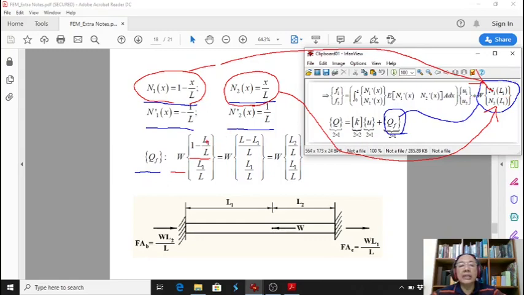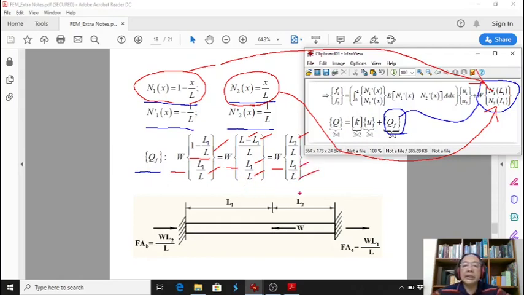So this is 1 minus L1 per L. So this is N2 at L1, so N2 at L1 is this, X per L. So X is equal to L1. So this becomes L1 per L. Okay, so this is equal to W times (L minus L1) per L, and L1 per L. So finally we get W, L minus L1 is L2. So L2 per L, L1 per L.